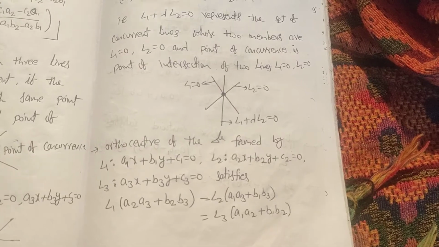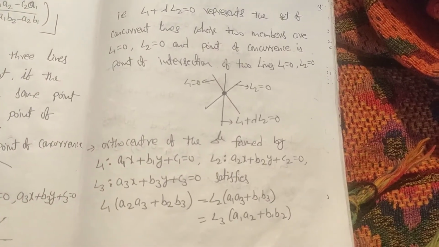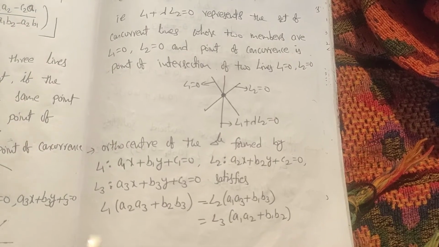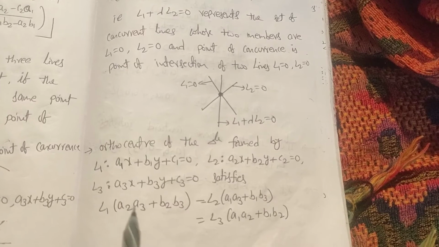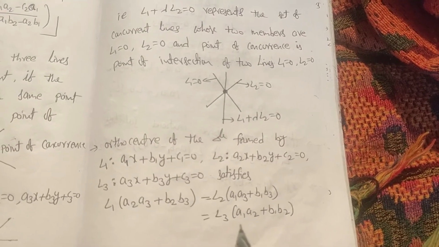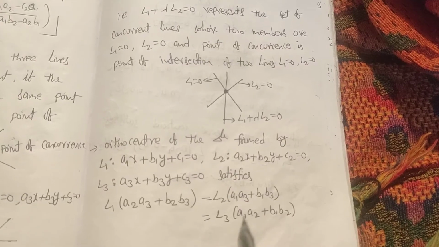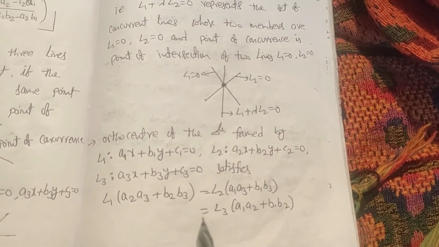If you find that x comma y, that is our required orthocenter, because the orthocenter satisfies this equation. That is the concept I am using here.